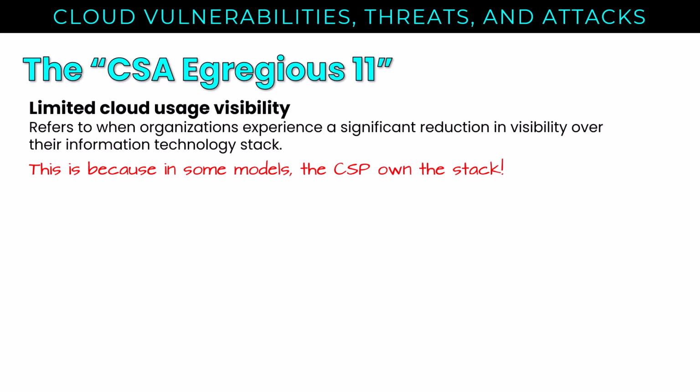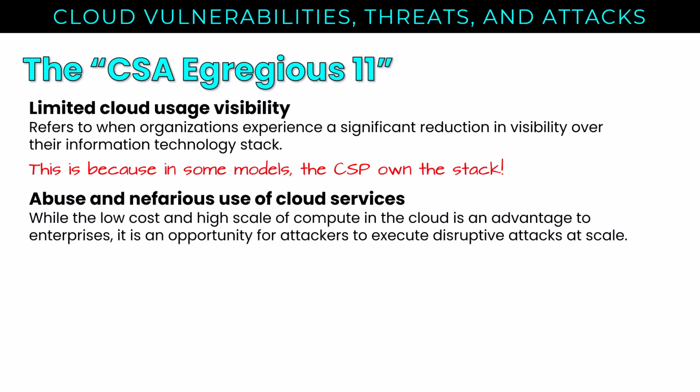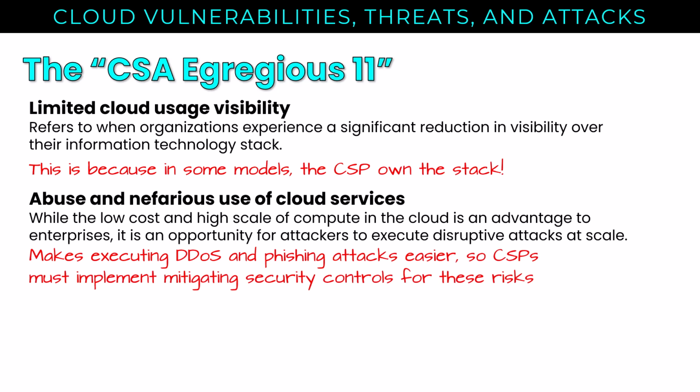And finally, we have abuse and nefarious use of cloud services. While the low cost and high scale of compute in the cloud is an advantage to enterprises, it's also an opportunity for attackers to execute disruptive attacks at scale. Because multiple customers share infrastructure, it makes executing distributed denial of service and phishing attacks easier, but more importantly, it makes it less expensive for bad actors to acquire high-scale compute for a low cost so they can disrupt organizations anywhere.